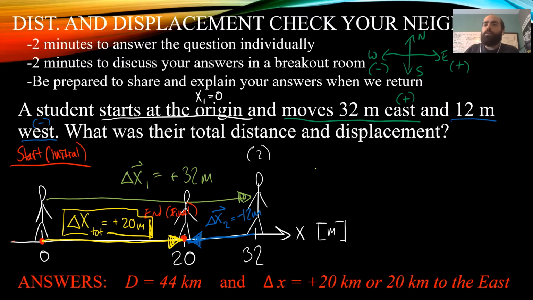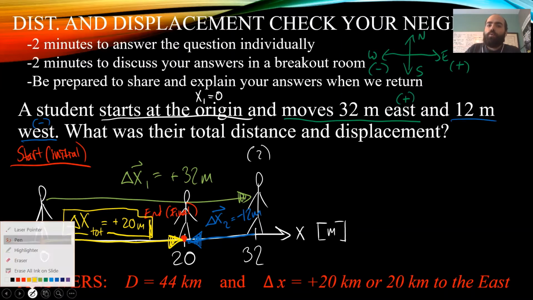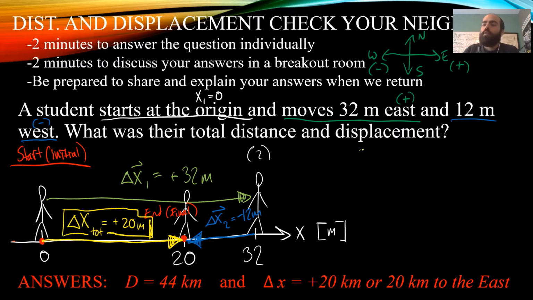But the other way to do it is to recognize that a total is just adding up all of the individual things that we're talking about. So in other words, if we think about our individual displacements, I'm just going to put them in a column here. The first displacement was that positive 32 meters.